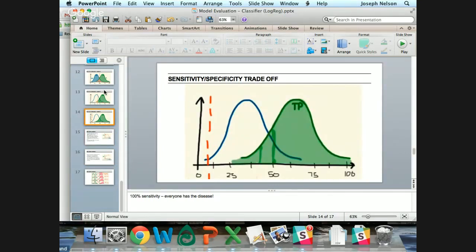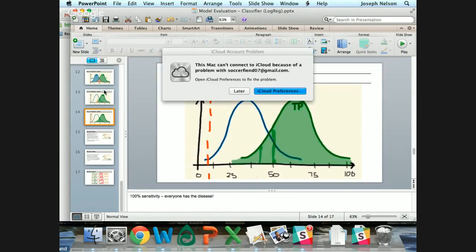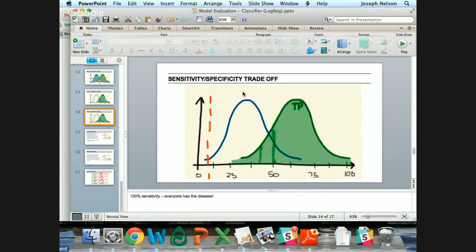When you move this guy around the cutoff point, the increase of sensitivity comes at increasing rates of trade-off with specificity. In other words, if we were here and we move to the left, we've decreased specificity by a greater degree. Take it to the logical extreme. We're in the exact middle. We're at 50.